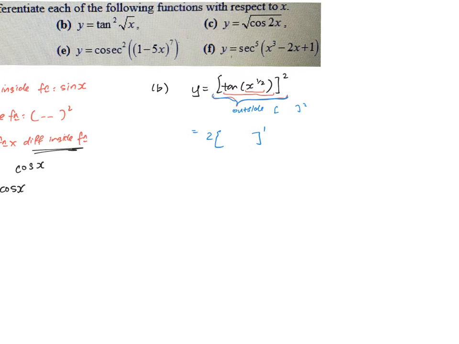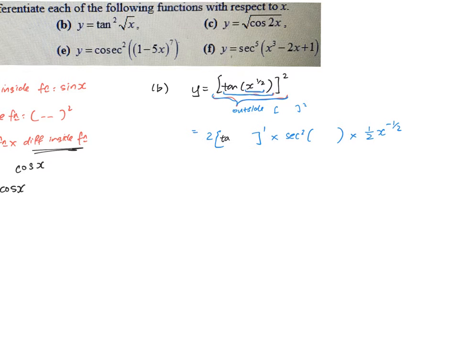power drops by 1. Okay, the next layer, if I differentiate tangent of root x, it's going to give me secant squared of root x. And the next layer, if I differentiate x to the power half, it's going to give me half x to the power negative half. What remains is just for us to fill in all the blanks.